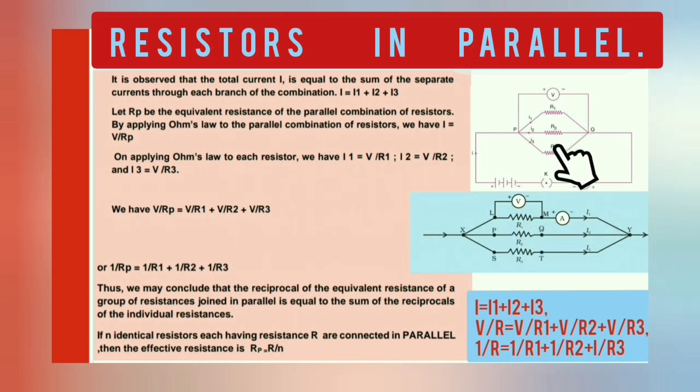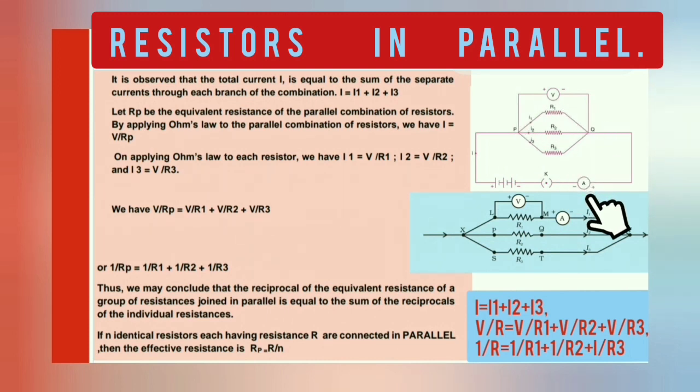Here we can see that the voltage across each resistor is the same. This reading and this reading are the same. But the ammeter reading is different. The current through this resistor and the current through the whole is not the same.